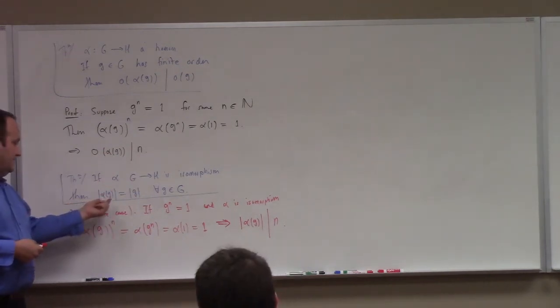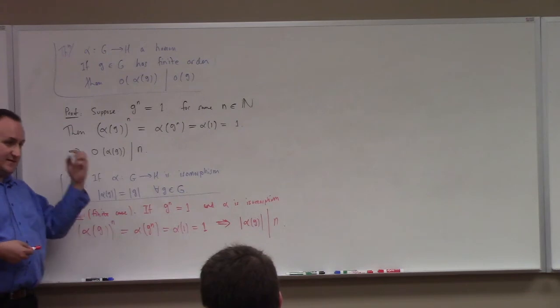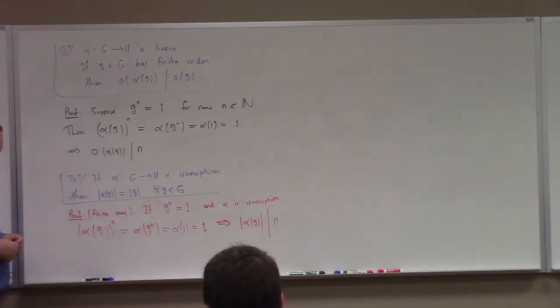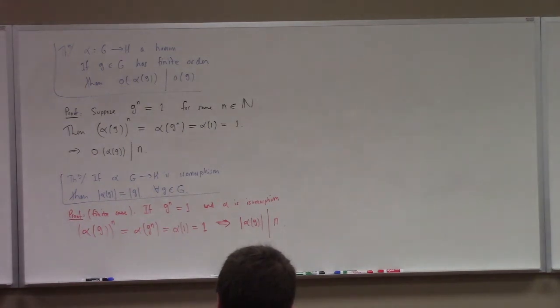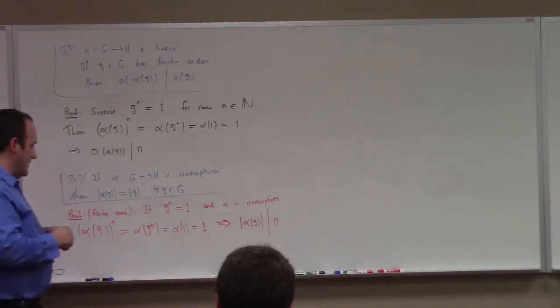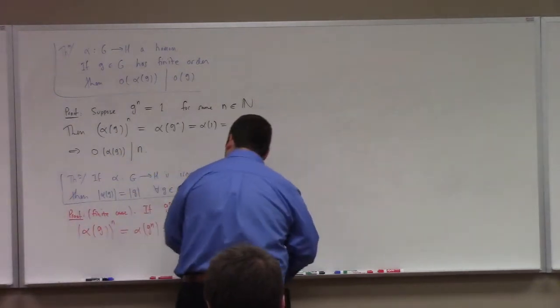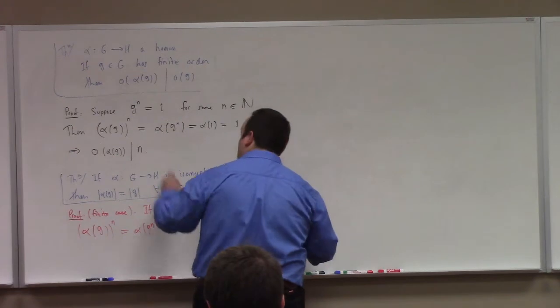From that, but then how do you apply that to this data? The order of g divides the order of alpha of g, and the order of alpha of g divides the order of g. That's what I'd like, but my question specifically is which map am I using this theorem on?